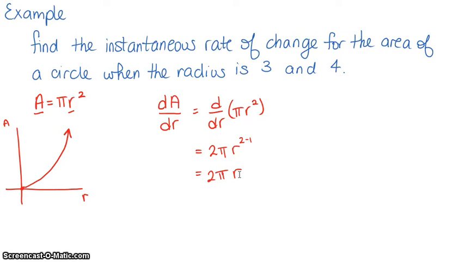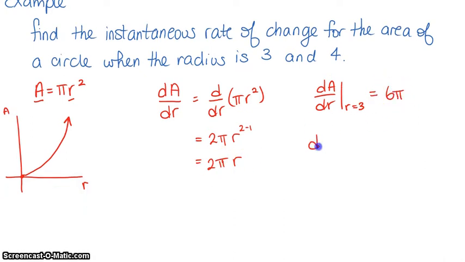Now they're asking for the rate of change when the radius is 3 and when the radius is 4. So specifically, we're looking at finding dA/dr when r is equal to 3, which means that we use this formula here and plug in 3, so we have 2 times 3 pi, which is 6 pi.